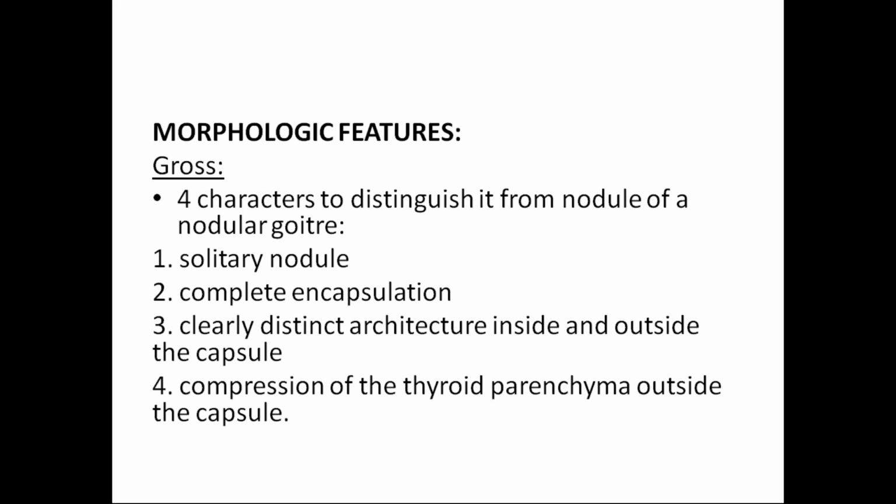So these are the 4 features. First, it is a solitary nodule, and it is completely encapsulated, whereas in nodular goiter there is partial encapsulation, and there is a clear distinct architecture inside and outside of the capsule, and there will be compression of the normal thyroid parenchyma. The surrounding parenchyma will be compressed by the growing tumor tissue.